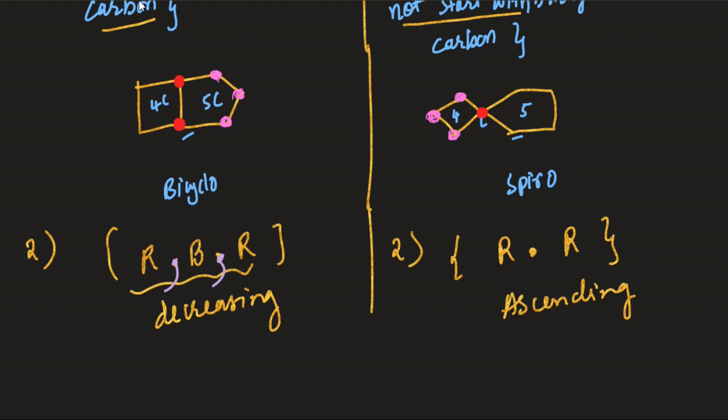Whatever you are writing, you have to include all three: ring, bridge, ring. It's in descending order.